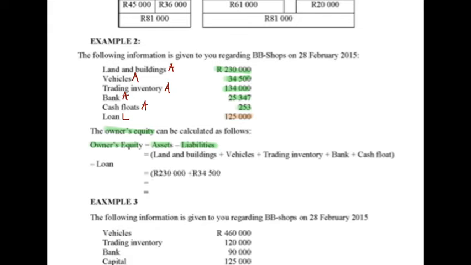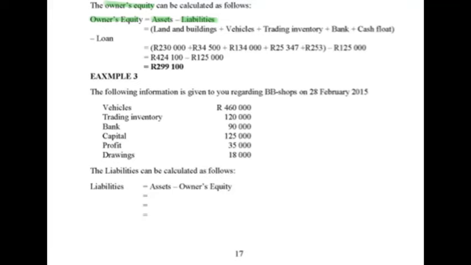Assets, that's land and buildings, plus vehicles, plus trading inventory, plus bank, plus my cash float. And I subtract from that the loan of 125,000 rand. Therefore, my total assets is 424,100 minus my loan of 125,000 results in the total owner's equity to be 299,100 rand.